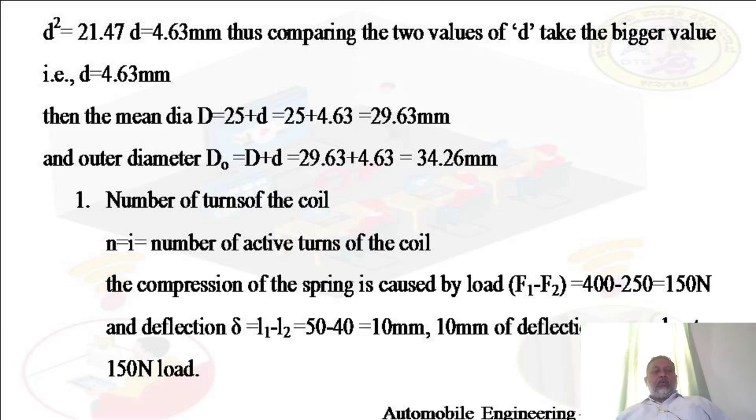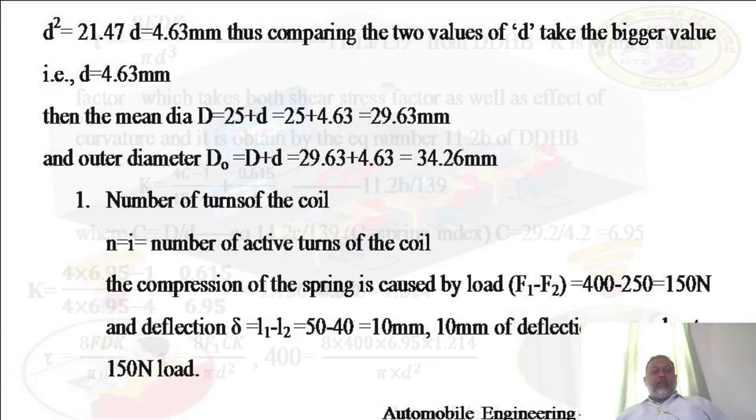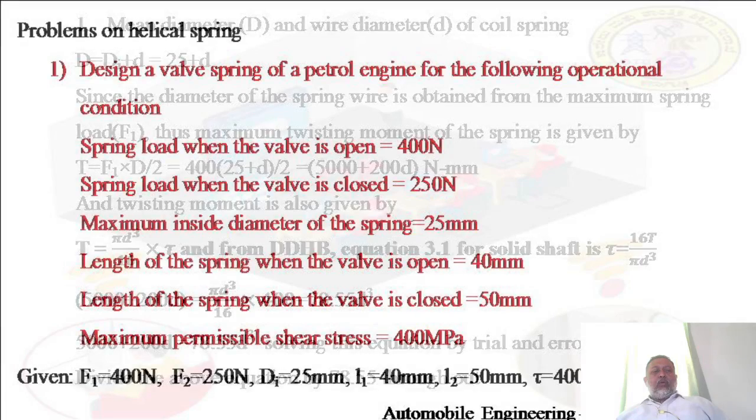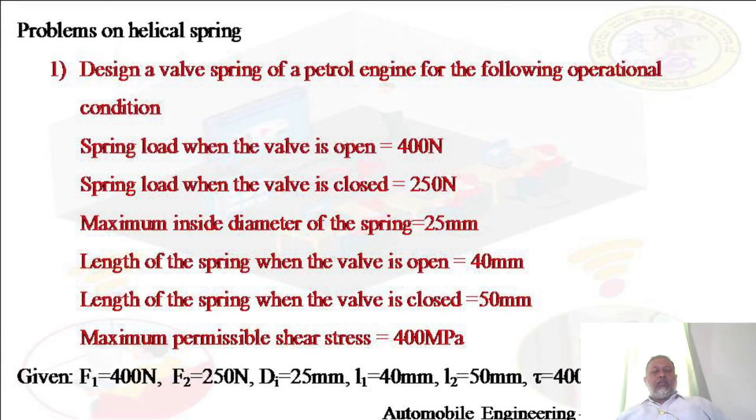From this we go to calculate the number of turns. To obtain the number of turns we have to go for the deflection equation. For that we want the deflection, but here it is given in another fashion, that is the length of the spring when the valve is closed and the length when the valve is open.